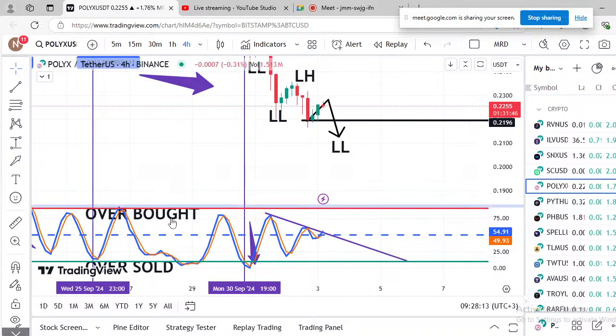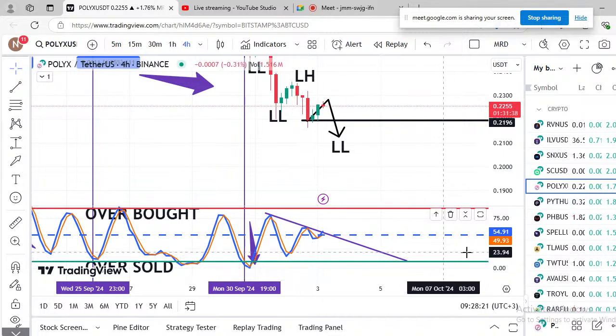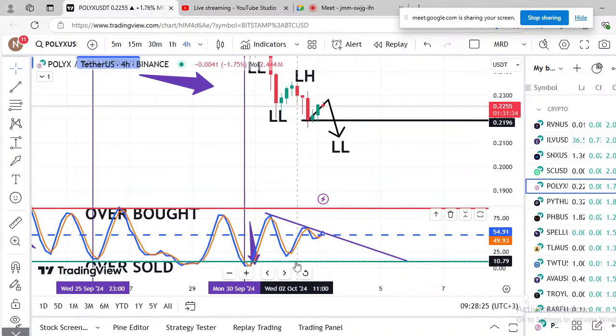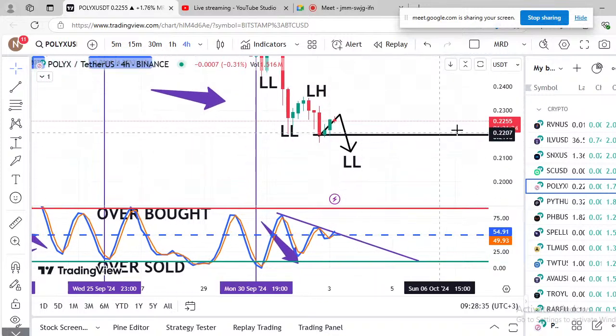If the moving averages are not below, if they are not below at the line of 10, no trading. Line of 10 is the green one, which is down. No trading. Let's go to another coin.